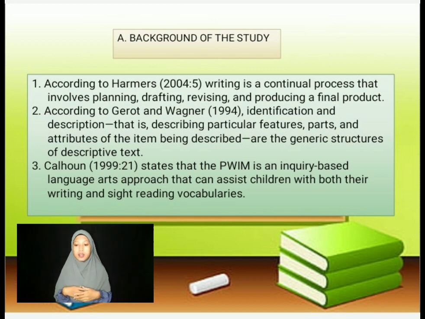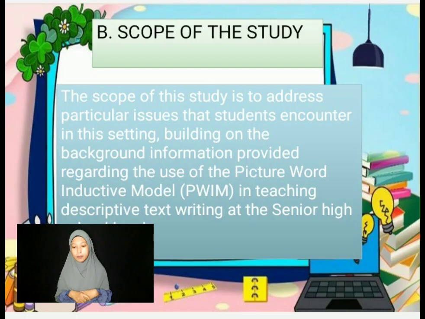Additionally, you can use this method to encourage students, individuals, and small groups to ask questions regarding their work. In particular, the picture word inductive model is an inquiry-based language arts method that extracts words from what students have heard, hear, and expressed by using pictures with common items and movements.